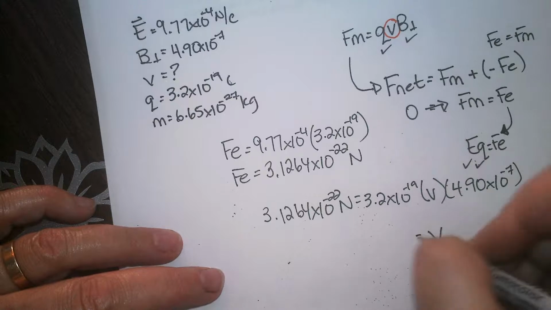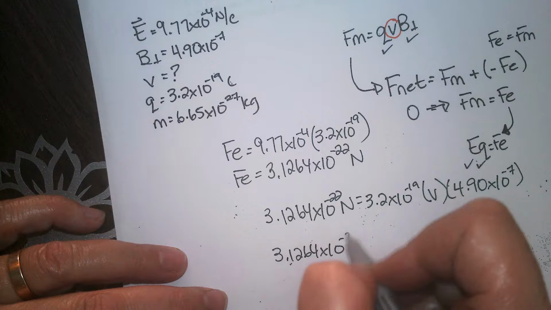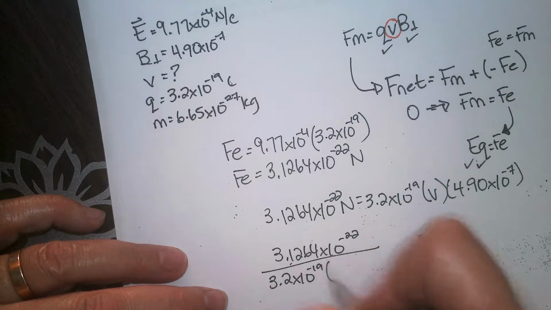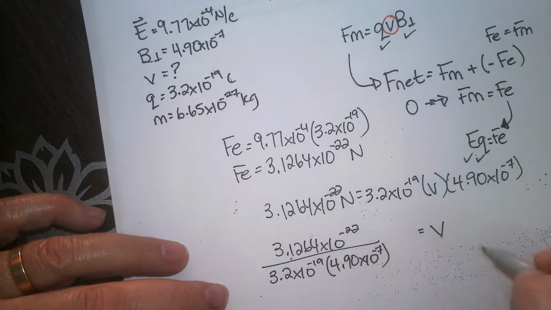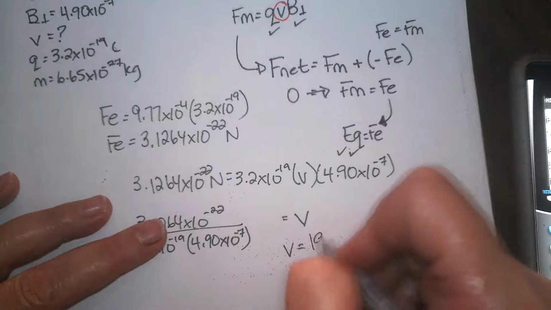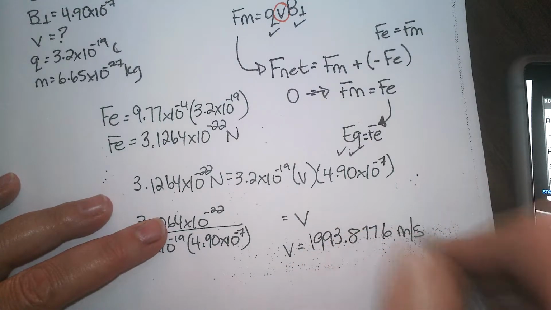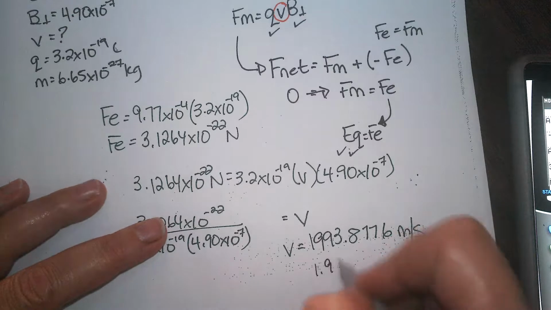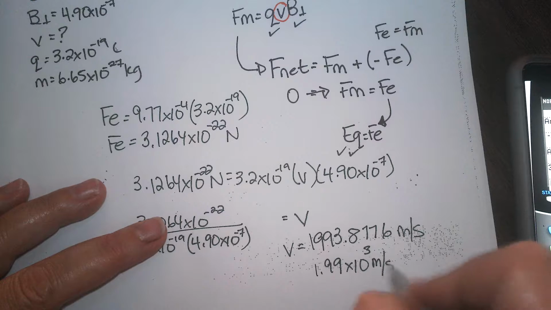So my velocity then would be equal to 1993.8776 meters per second. When I go back to the question, I get 3 sig digs at the most, 1.99 times 10 to the power of 3 meters per second.